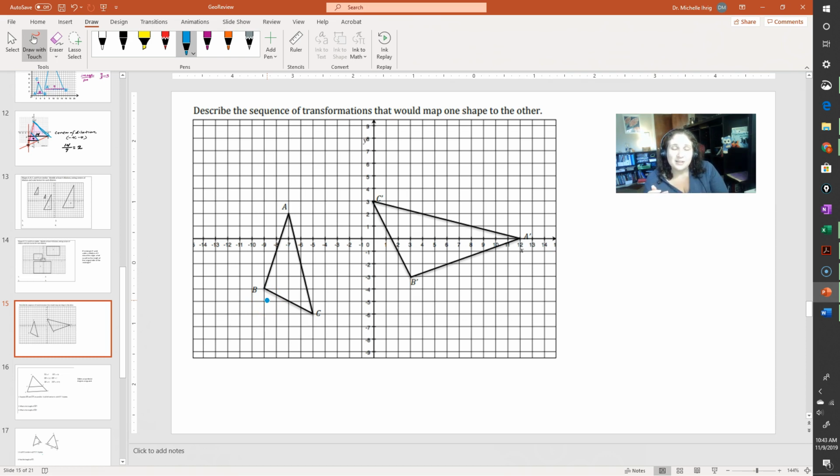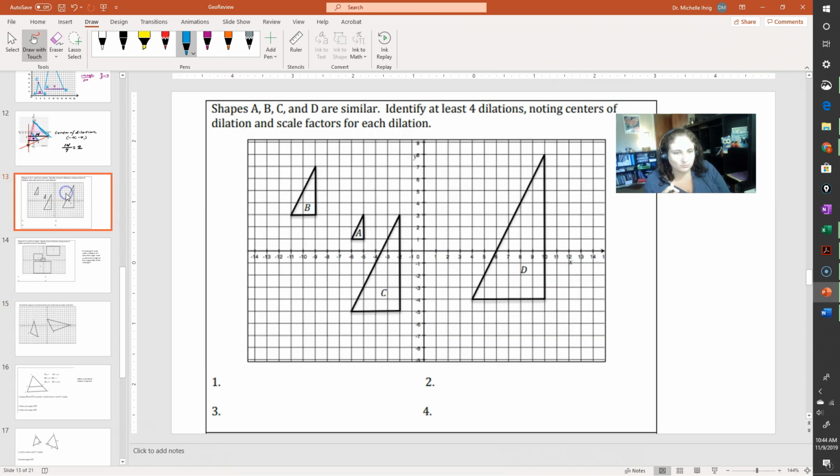So in this case, we would have to use the points to determine the scale factor. And obviously in this picture, we'd also have to rotate it first and then use the points to find the scale factor. So it just depends on what situation we're in.